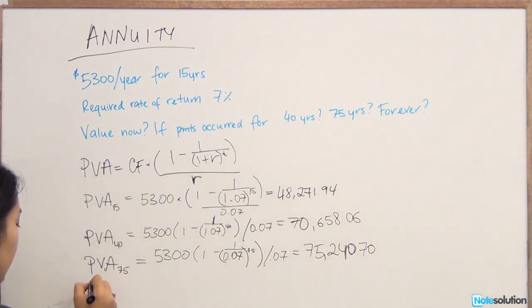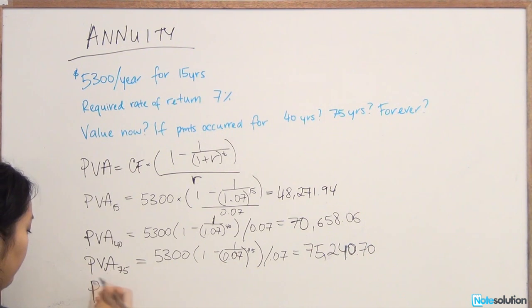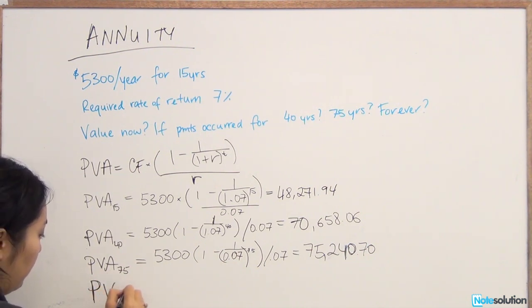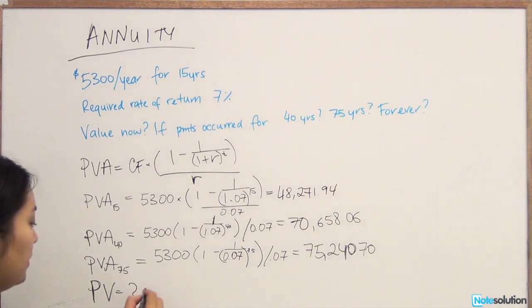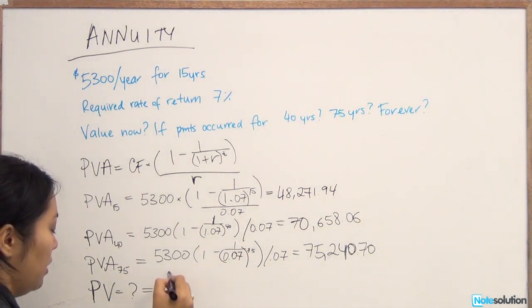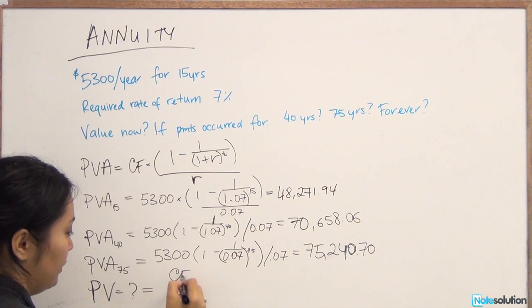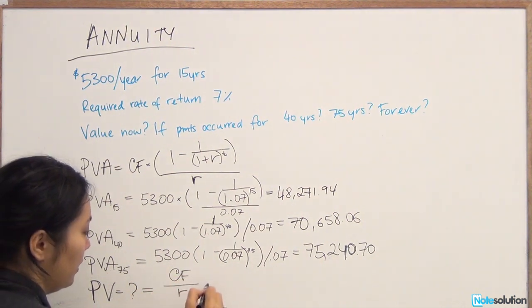Finally, it says, well, what if you're going to receive this stream of payments forever? What is the present value then? Well, if we're receiving the stream of payments forever, you know that it becomes a perpetuity, so you can use the perpetuity formula, which is just your cash flow divided by the interest rate.